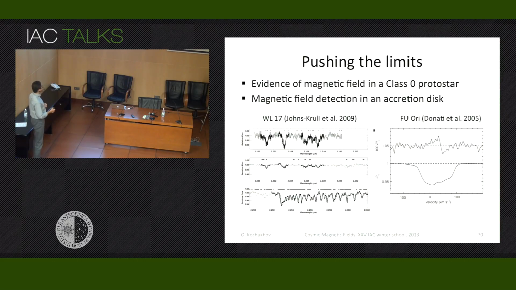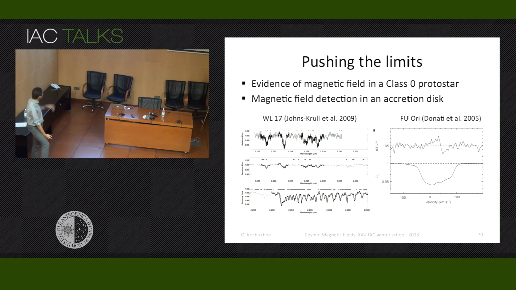And this is a special type of T Tauri star with a lot of activity in the disk, very powerful accreting flows, so the disk is bright relative to the star. So that's why it was possible to see a contribution from the disk in the stellar spectra. And apparently this contribution shows some Stokes V profile corresponding to a kilogauss field.